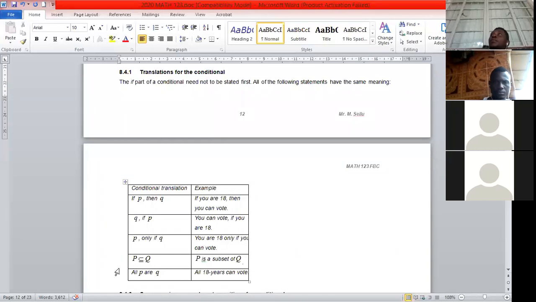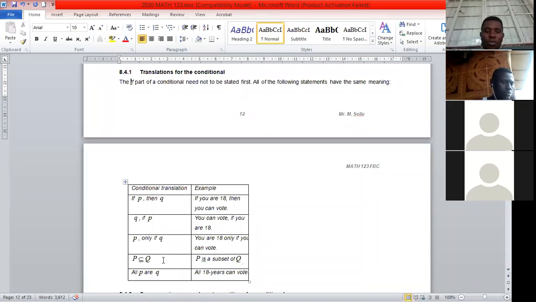And symbolically, this is how we represent the conditional. P is a subset of Q. If P, then what?